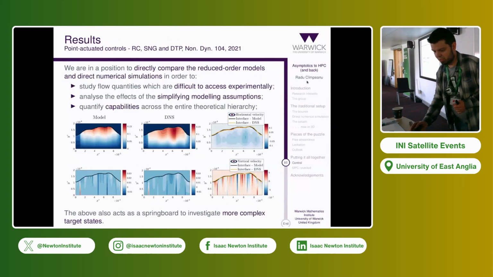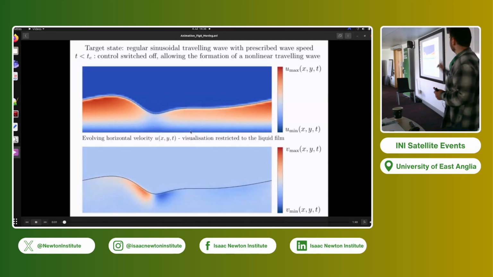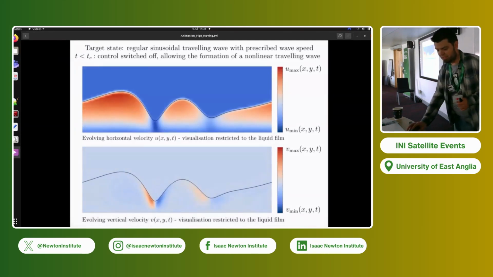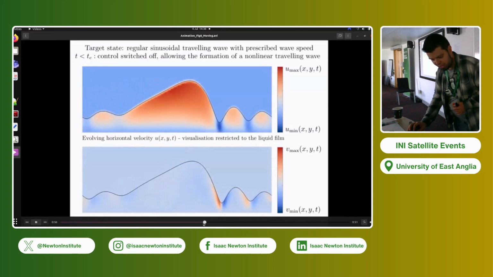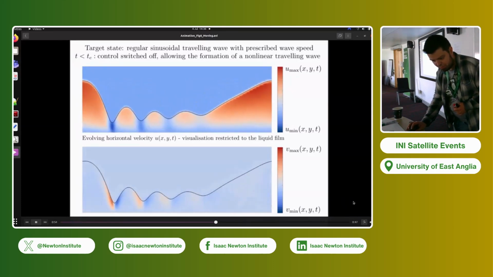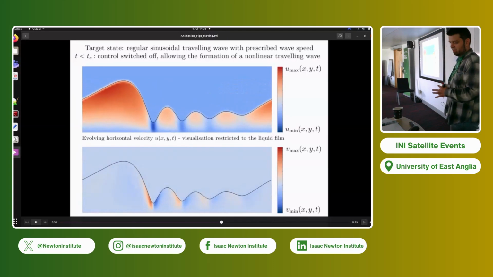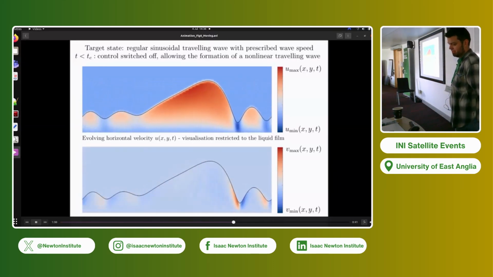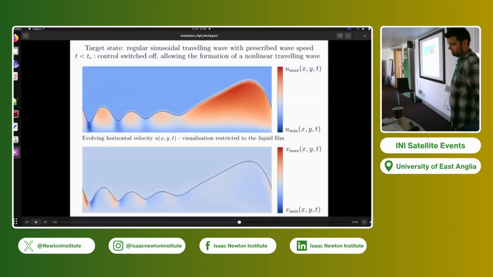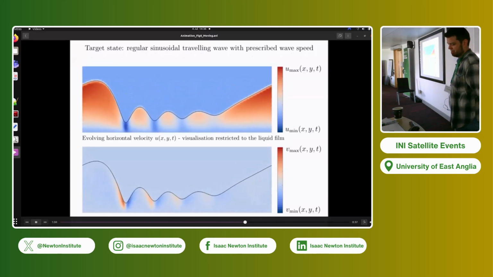Even in the non-electrified case, for example, here, this is horizontal velocity, vertical velocity, and I'm letting them run until they reach their saturated wave shape, and about a minute in or so, I'm going to activate the control, and it'll do something just about now.